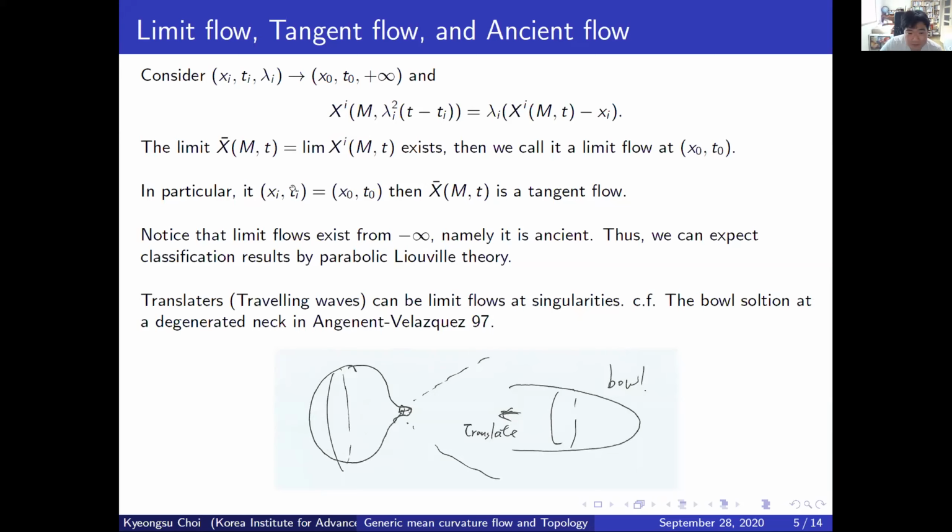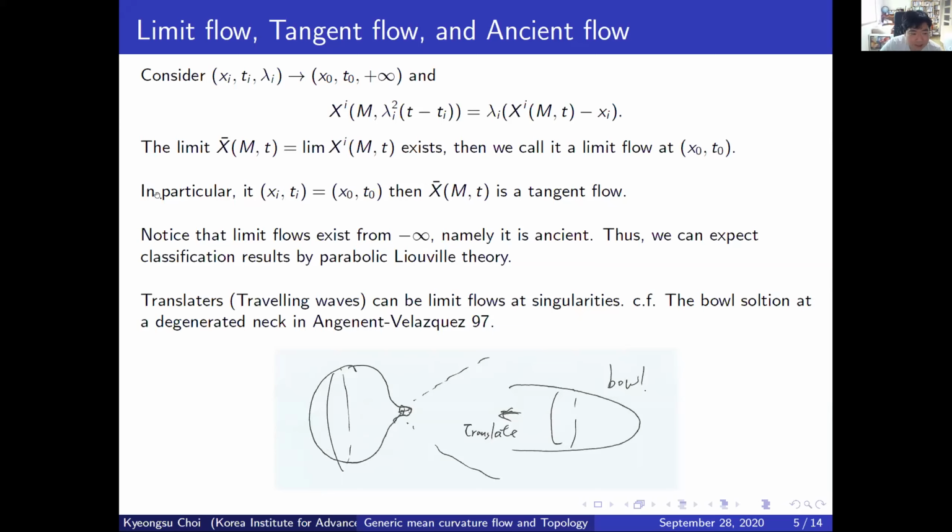In case this sequence of mean curvature flows converges to a certain mean curvature flow, then we call that a limit flow at the singularity. In particular, if we choose these (x_i, t_i) as the same point, the singularity, then we call this a tangent flow.